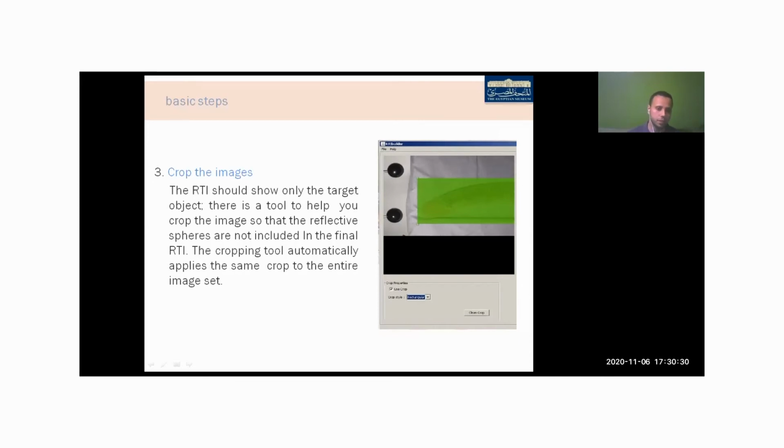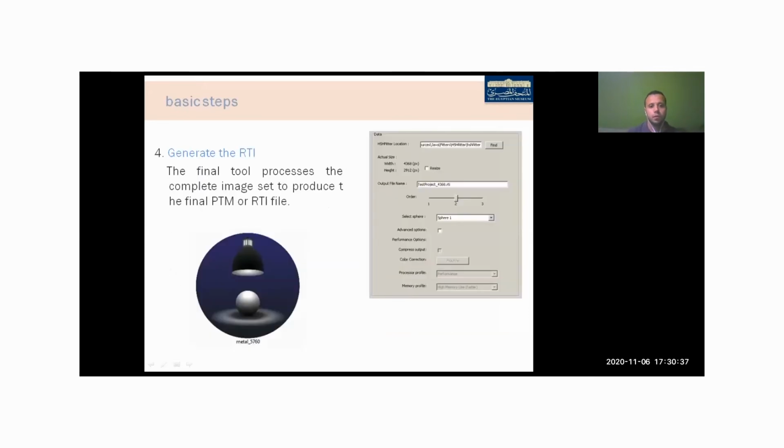And the last step is to generate the RTI. The final tool processes the complete image set to produce the final RTI or BTM file. And at the end, we have finalized that.